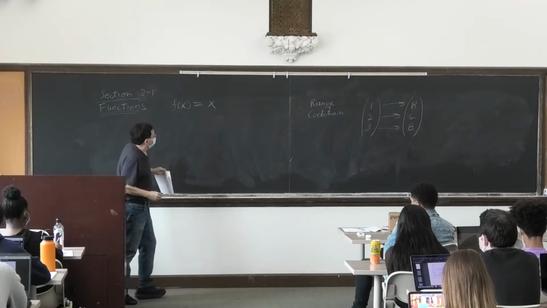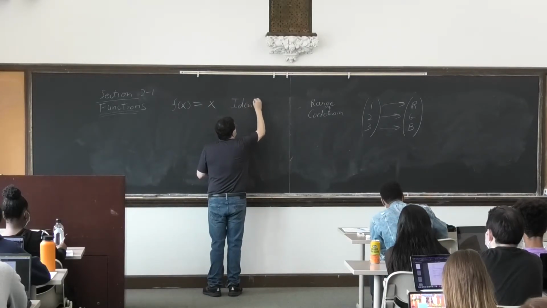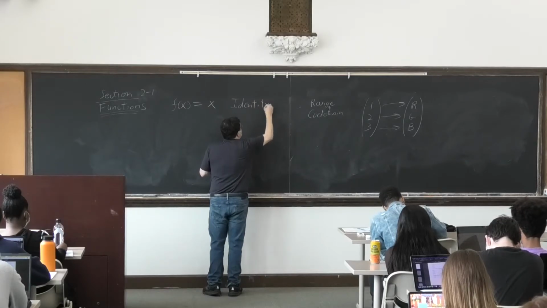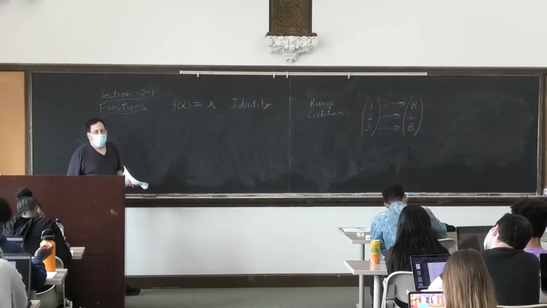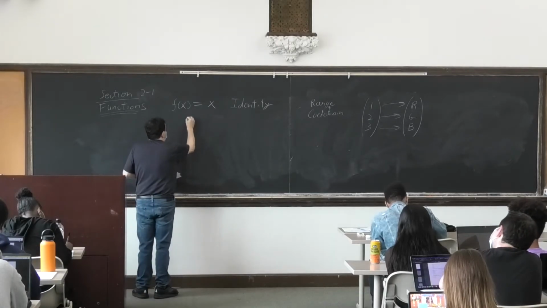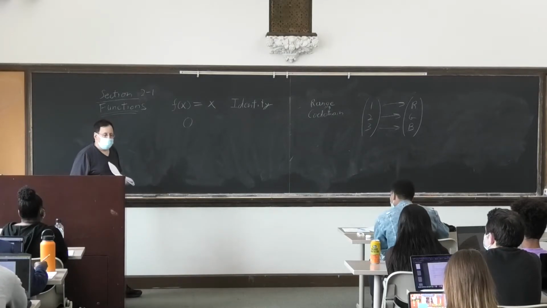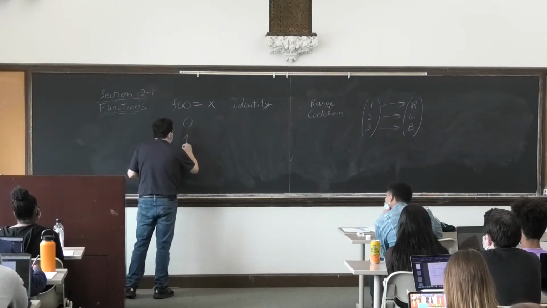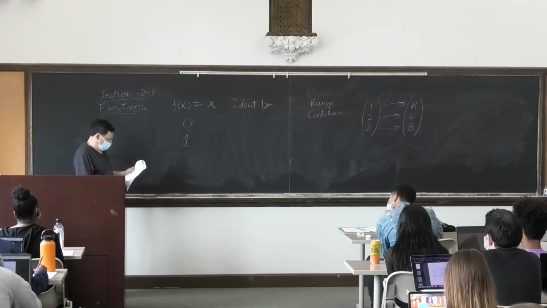And this has a special name. This is called the identity function. Which is not coincidentally the same name we use for 0 when we're talking about addition, the additive identity, or 1 when we're talking about multiplication, the multiplicative identity.